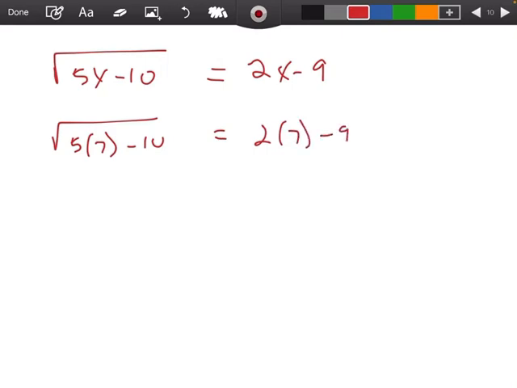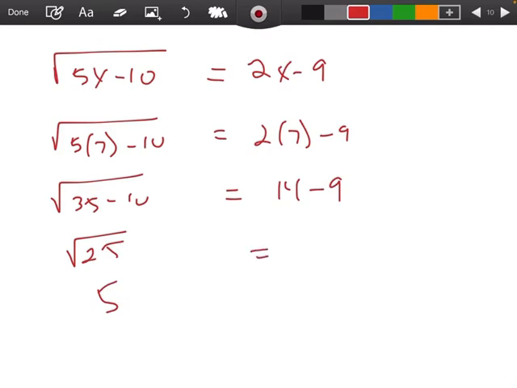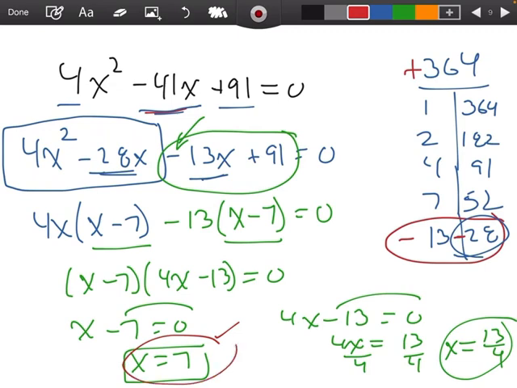Okay, so let's see. 5 times 7 is 35. 35 minus 10 is 25. And the square root of 25 is 5. Now on this side, 2 times 7 is 14. And 14 minus 9 is 5. So since they both are the same, x equals 7 seems to be checking out.